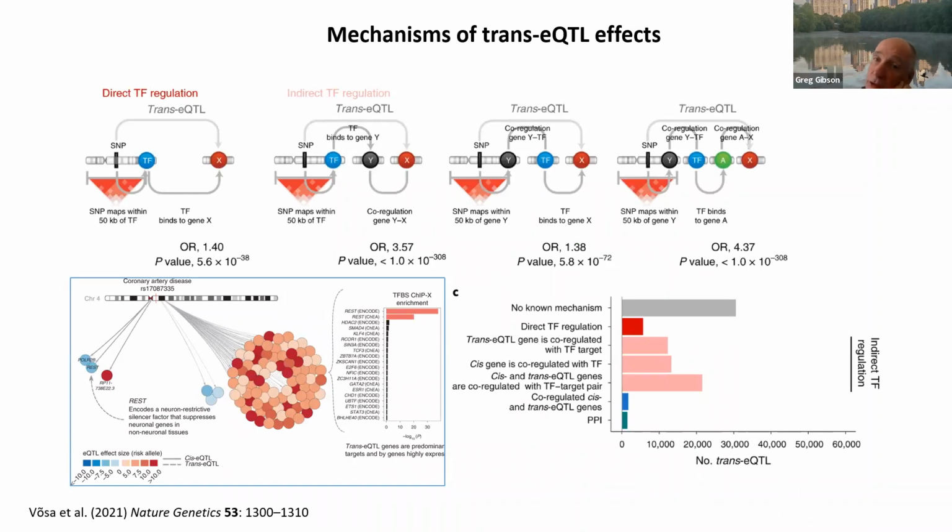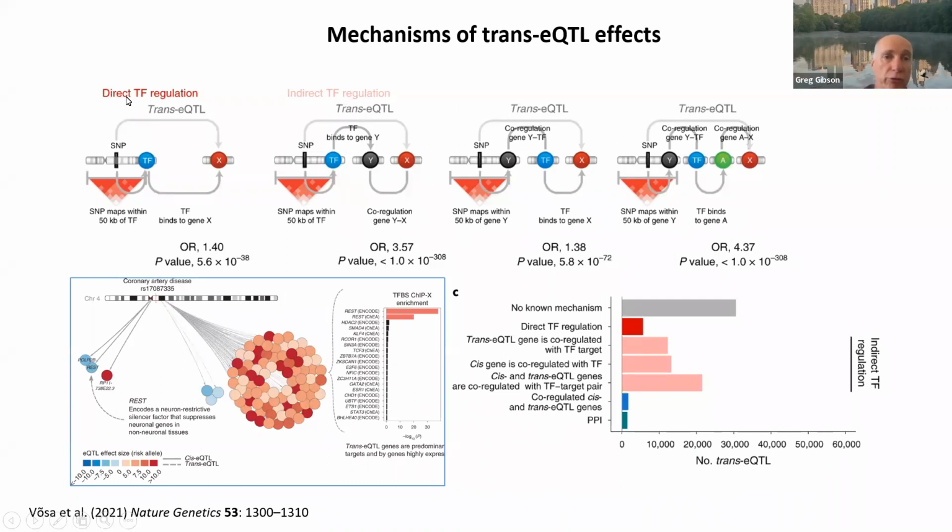But one of the things I think is most interesting is that with this sort of power now, you can ask whether or not local SNPs are mediating trans effects through the gene they're regulating.